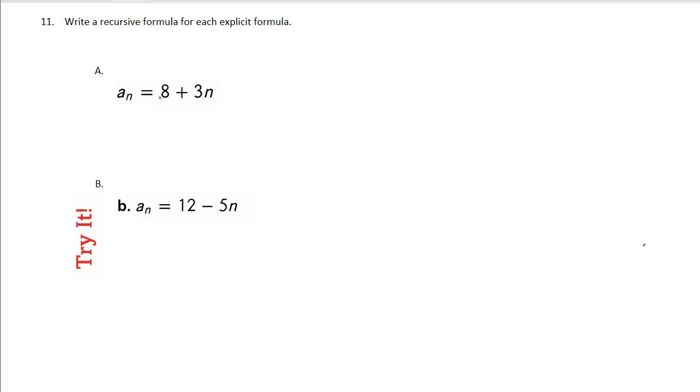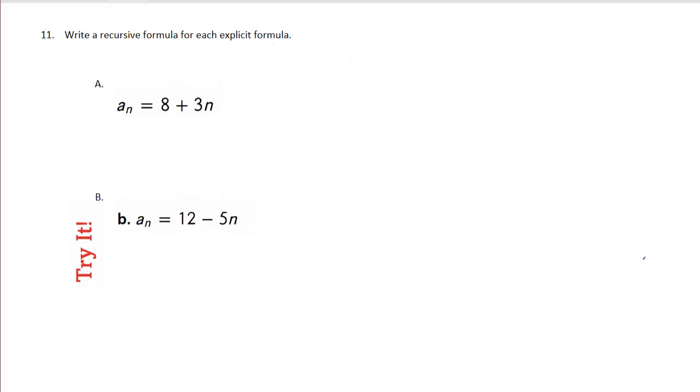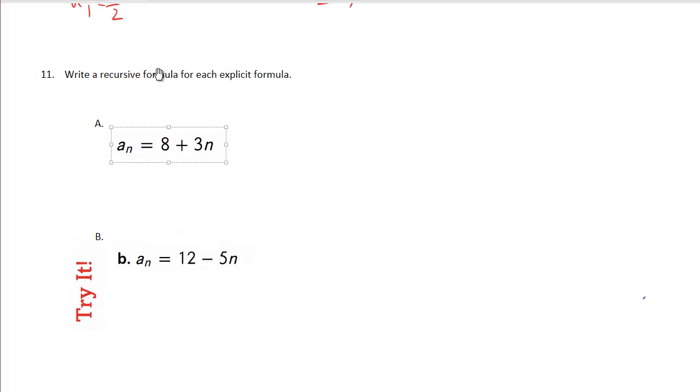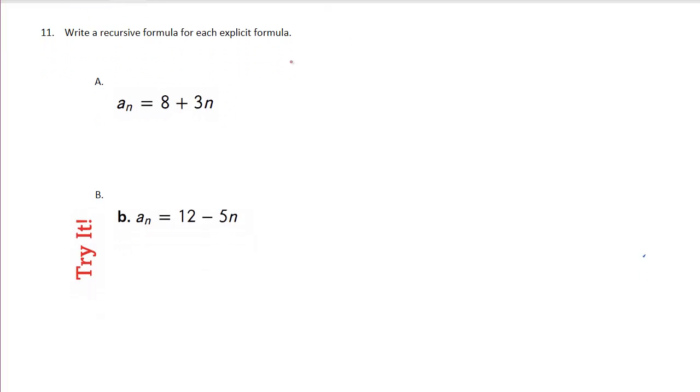So again, a sub n equals 8 plus 3n, so that is my explicit formula. So let's find the recursive. The recursive formula again, let's write it out, is a sub n, not a sub 2, a sub n. And that's equal to a sub n minus 1 plus the difference.